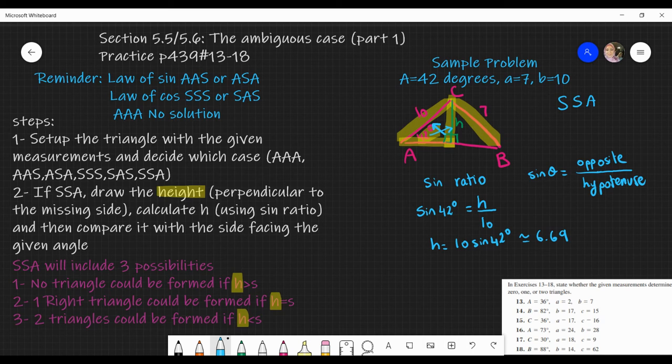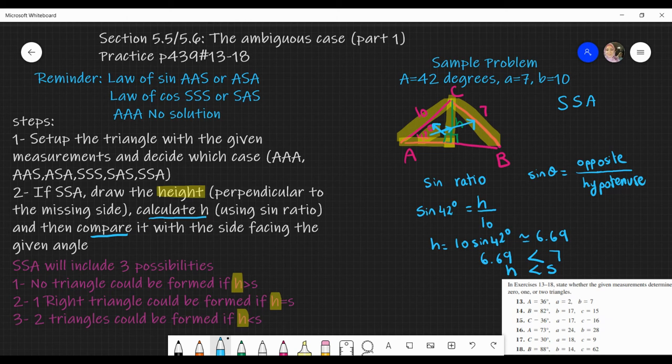After I calculate the height, I'm going to need to compare it with the side facing the given angle. So here's the given angle. The side facing the given angle is this one. So comparing 6.69 to 7, definitely this is less than 7. So the height is less than the side. And that's how I'm going to decide according to the three possibilities.